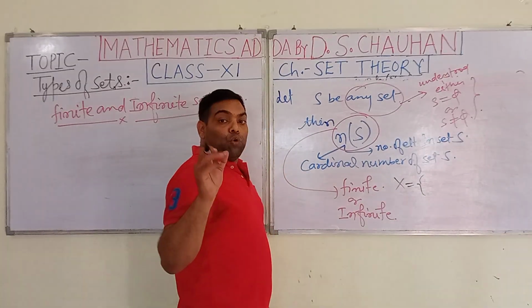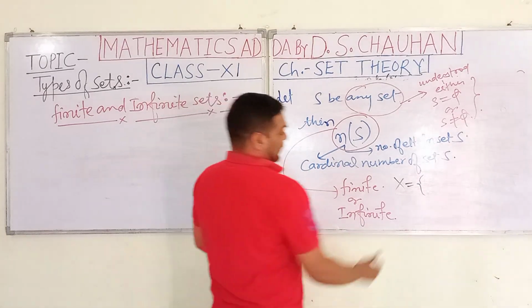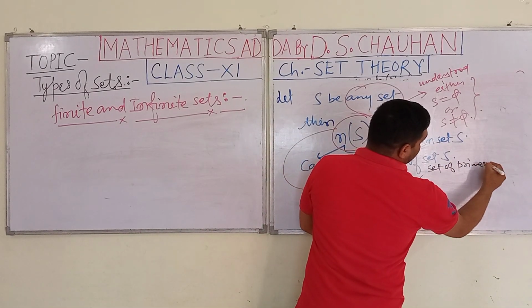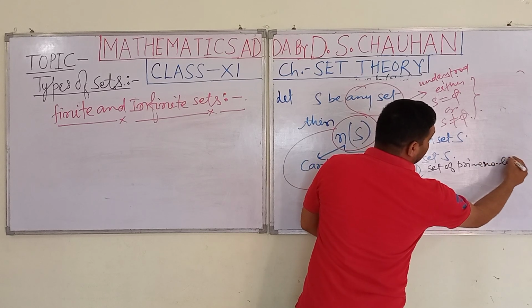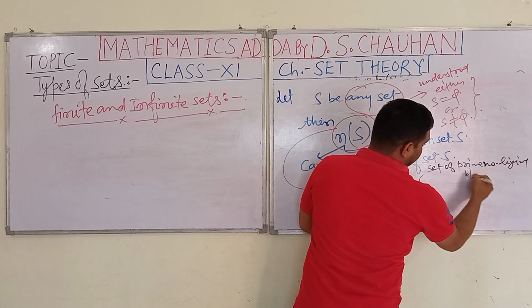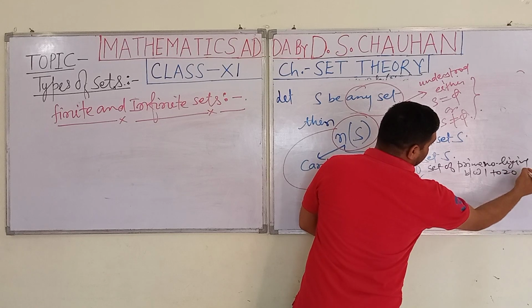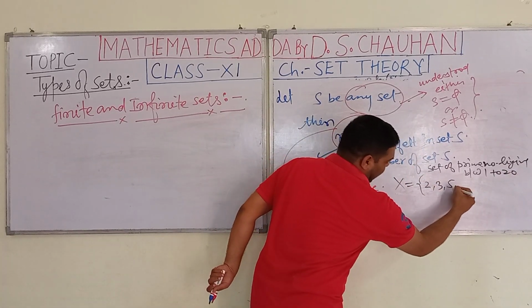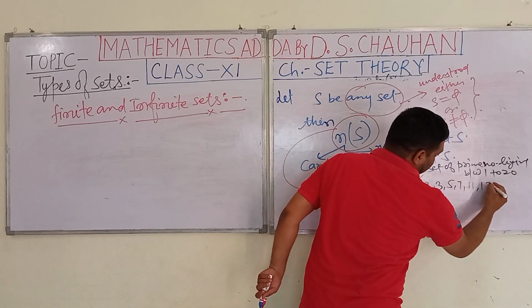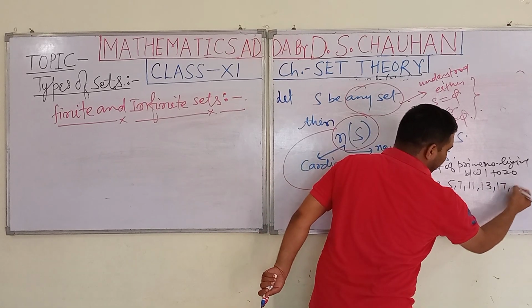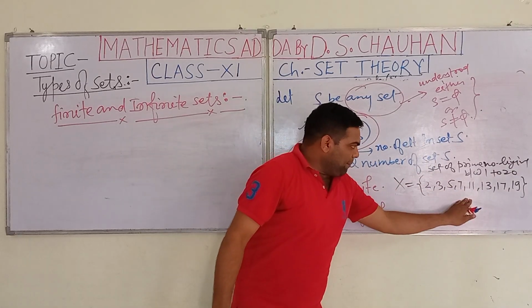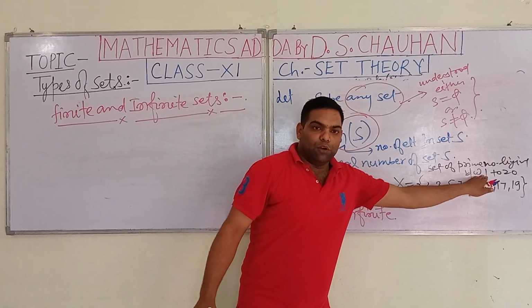I am putting some examples in front of you. See students, here is a set. I am putting this X, the set of prime numbers lying between 1 to 20.